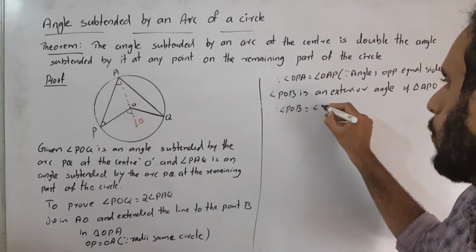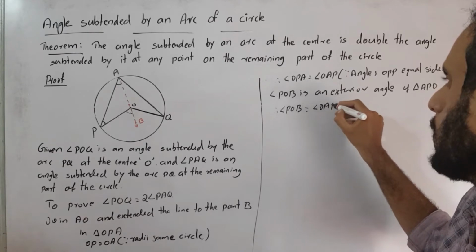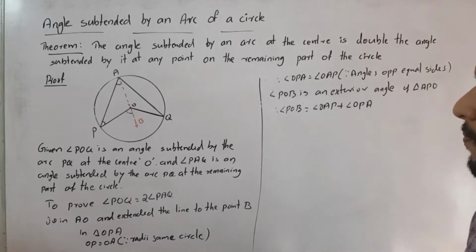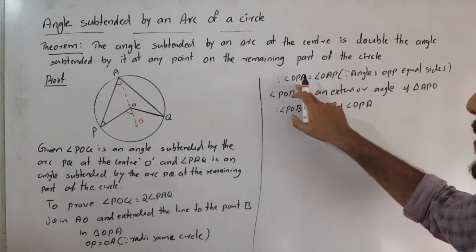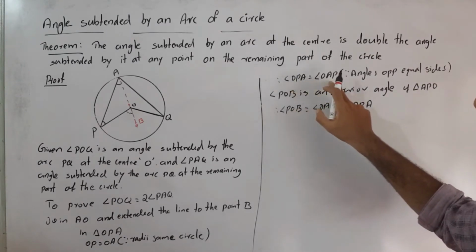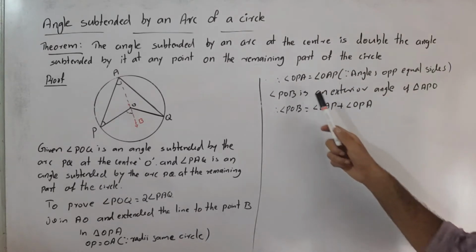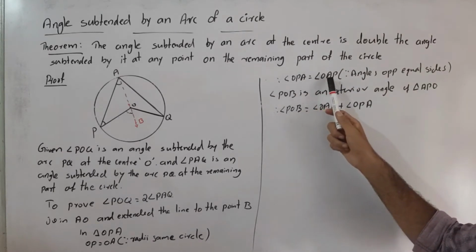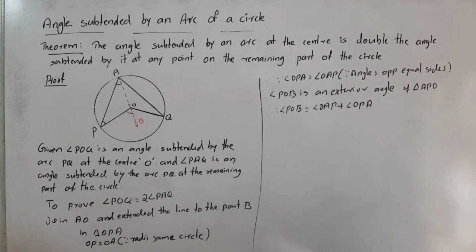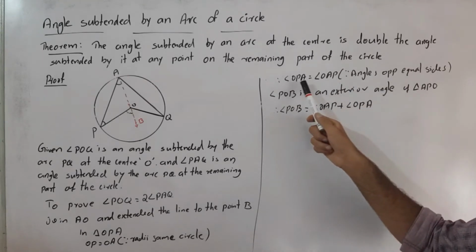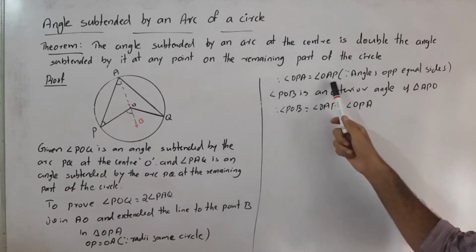Angle OAP plus angle OPA. Yeah, angle OPA is equal to angle OAP. Correct? We got the result, angle OPA is equal to angle OAP. So instead of angle OPA it is possible to substitute angle OAP. Why? Because they are equal.